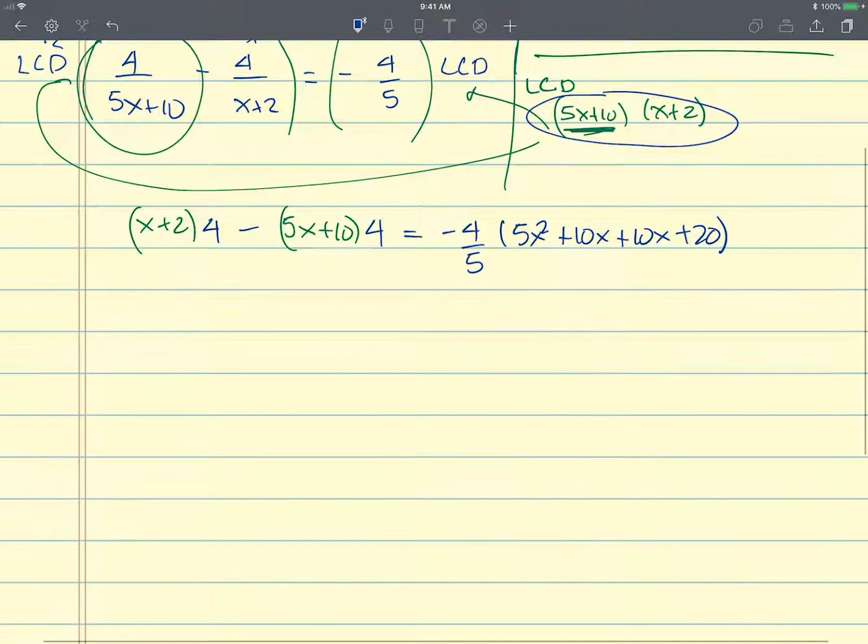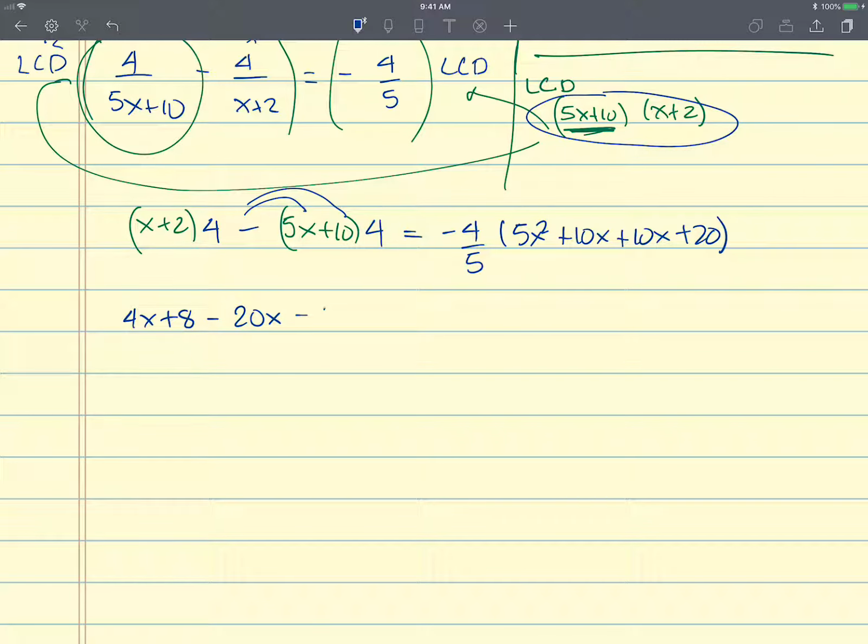Now I'm going to distribute what I need to distribute. So I really have here 4x plus 8 minus 20x. Sorry, I'm putting the negative: this negative distributes to that one and to this one, so that's also negative 40. On this side I have a negative 4 times 5, so negative 20x squared.